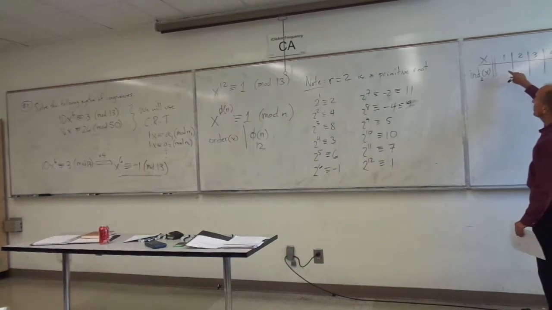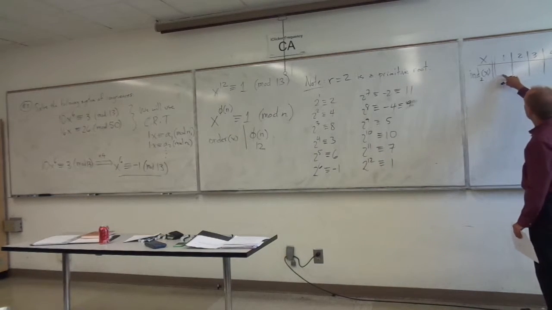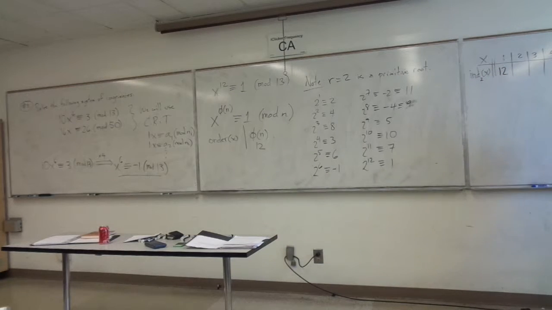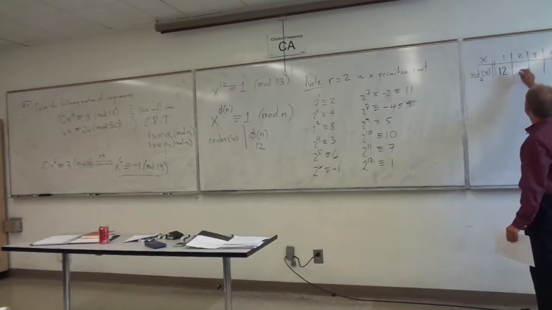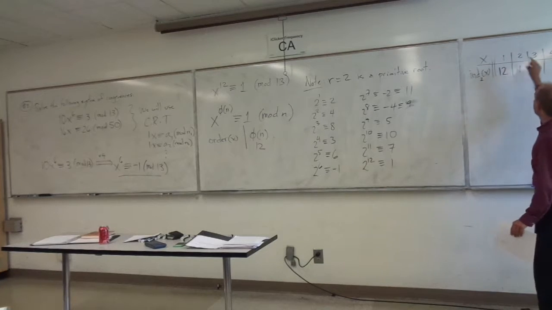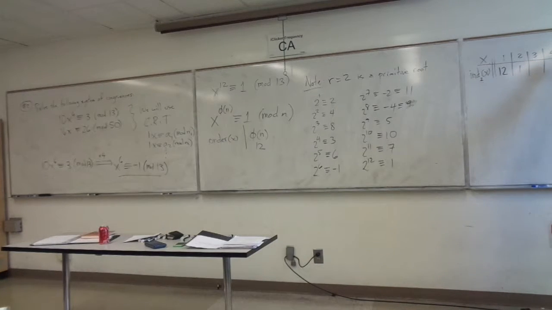So the index of 1 is either 12 or 0. 2 was the first power, so 2 to the first gave me 2. The index of 4 will be 2, the index of 8 will be 3. See how this works? So this is like the power of 2 that gets you the number that's above it.